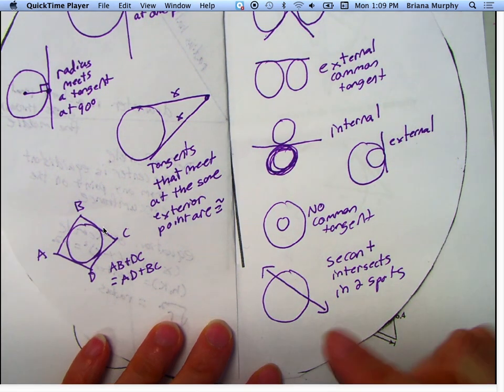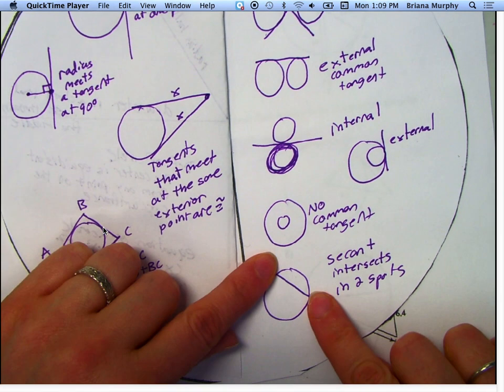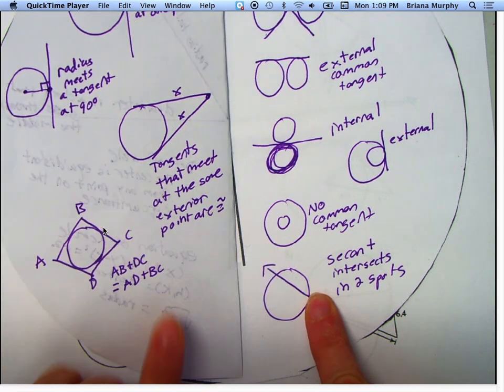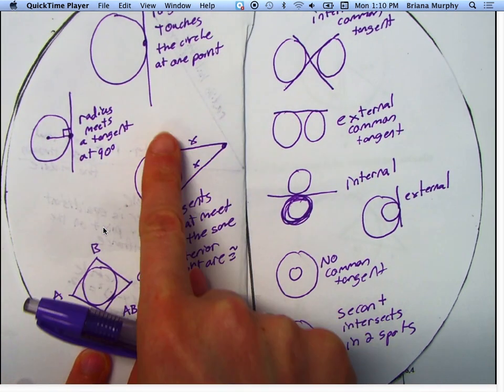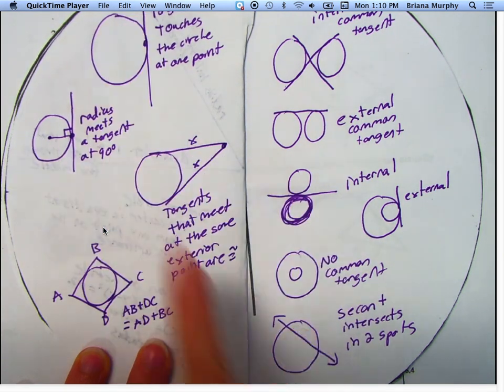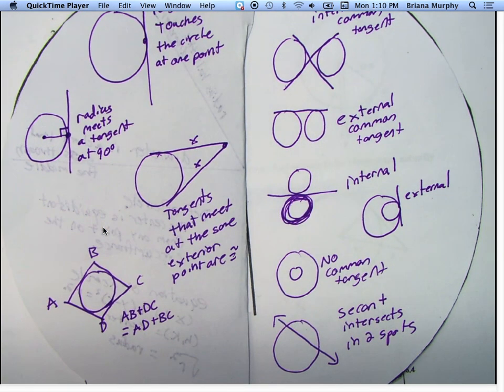Okay, so it's different than a chord. A chord stops like that. It would look like a segment. Okay, a tangent, as we've seen, touches the outside of the circle right here. But a secant goes through it in two places.